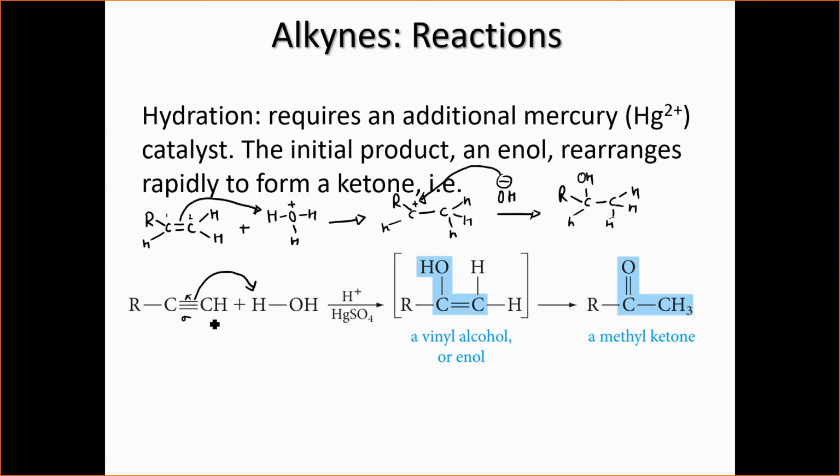Hydrogen will add to the carbon having the higher number of hydrogens, and the hydroxy group will, as in the case of the double bond, go to the other carbon. As a result, you will end up getting this type of alcohol.